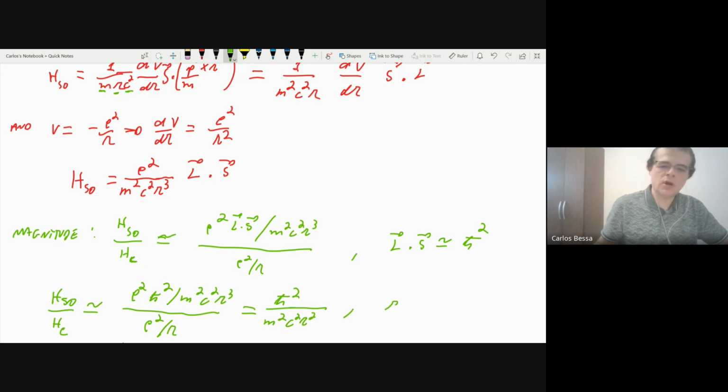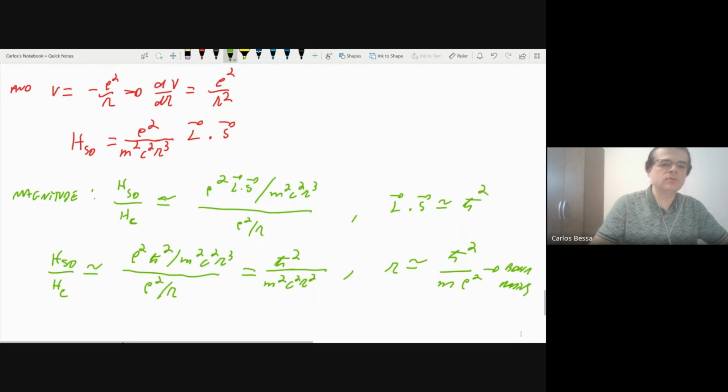And for r, the order is h bar squared over electron mass times e squared, which is the Bohr radius for the hydrogen atom.